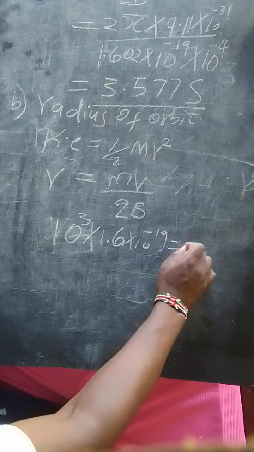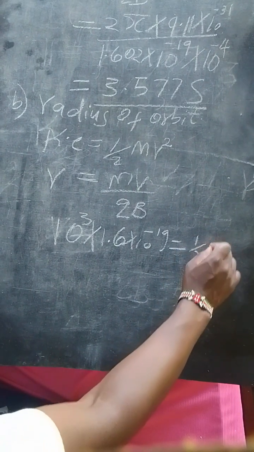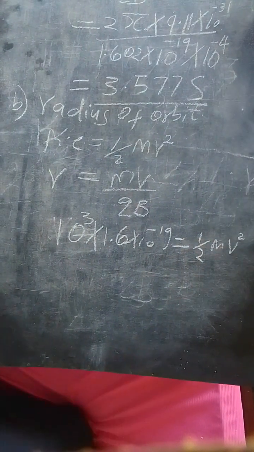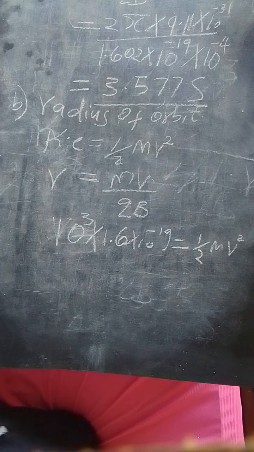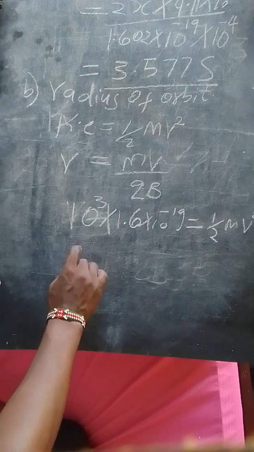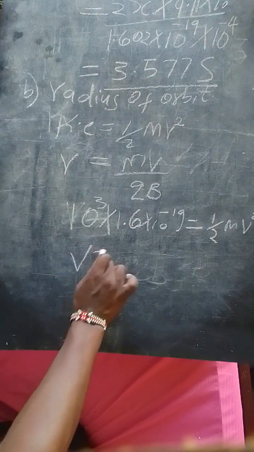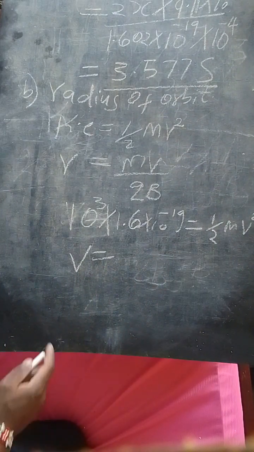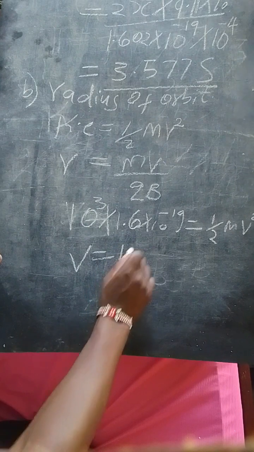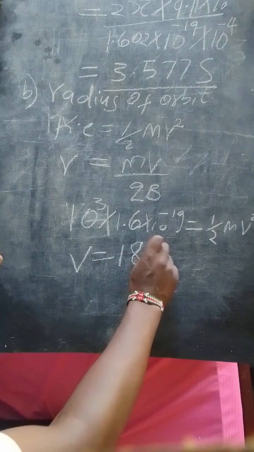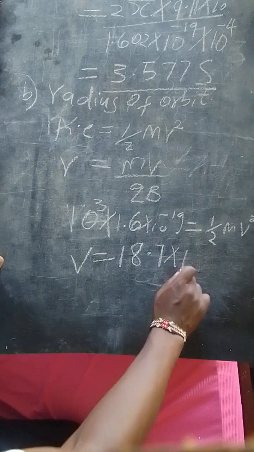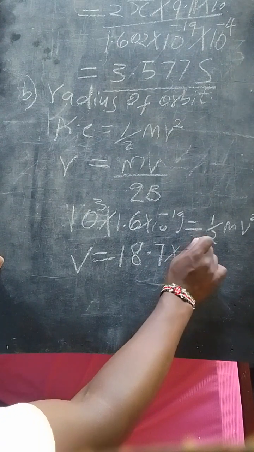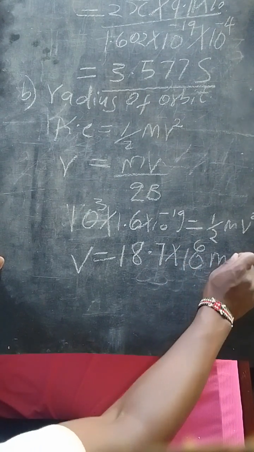It will be equal to a half mv squared. Now, if you insert the mass of an electron, we will get the velocity of such a particle to be 18.7 times 10 raised to power 6 meters per second.